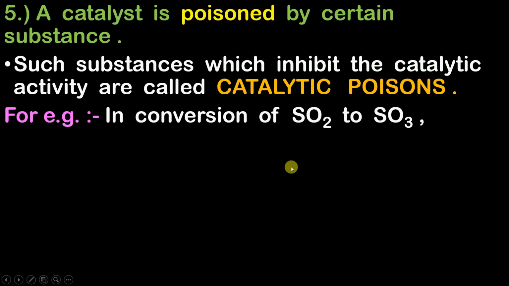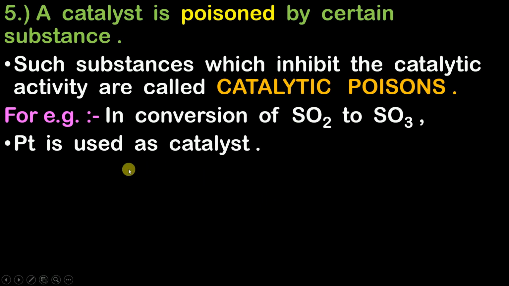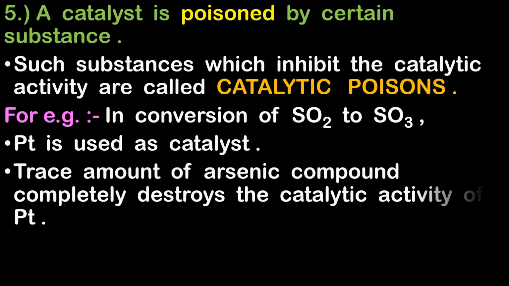Now, in the conversion of SO2 to SO3, platinum is used as a catalyst. And guys, even a trace amount of arsenic compound will completely destroy the catalytic activity of platinum.